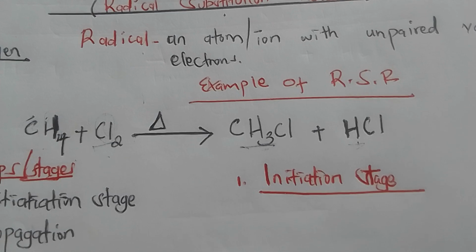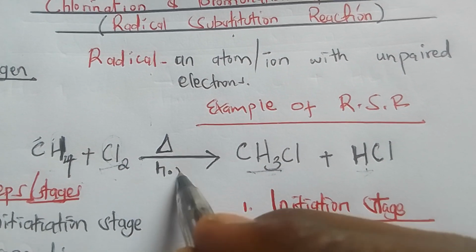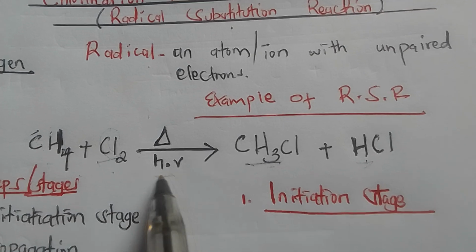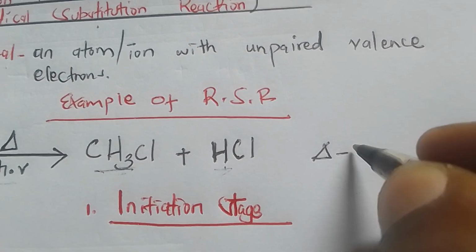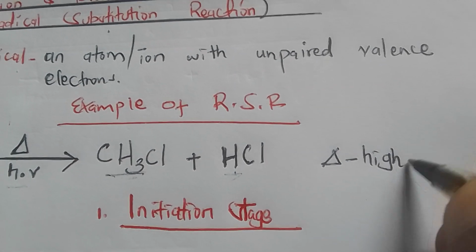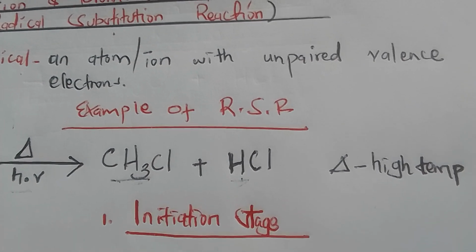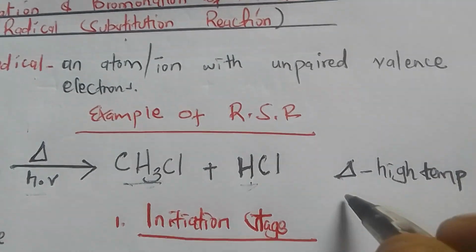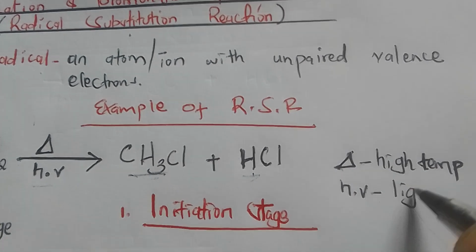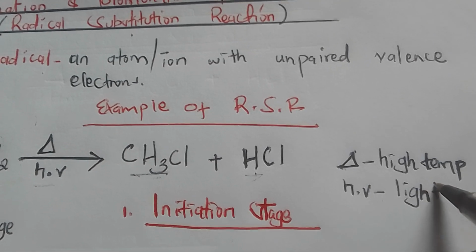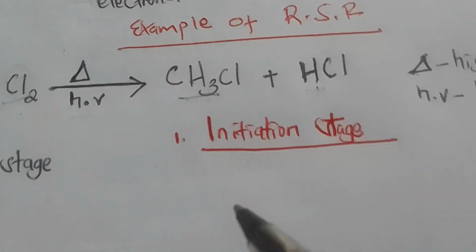The delta here means heat, and then we require light. So delta in this case means high temperatures. So the reaction is done at high temperatures, delta, and the reaction is also done in the presence of light energy. And therefore, let's look at the initiation stage.